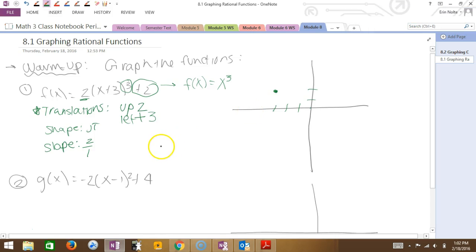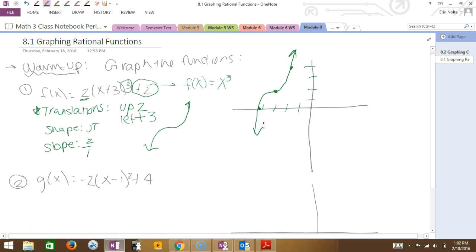And so my general shape of a John Travolta looks like this, right? And I know my slope, so I just go up 2 over 1 and down back 1, like that. And then I could just draw my graph in just like that.